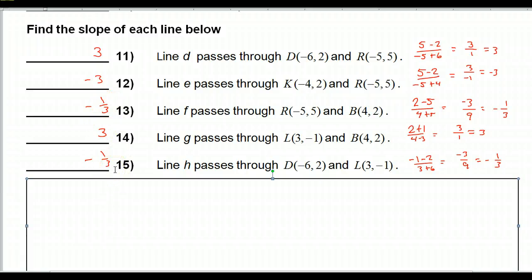Now, in a minute, we're going to be asked about what lines are parallel, what lines are perpendicular, and neither. So let's just remember what we talked about. What would it take for lines to be parallel? Their slopes would have to be equal. So with that in mind, do you see any of these lines here that would be parallel?